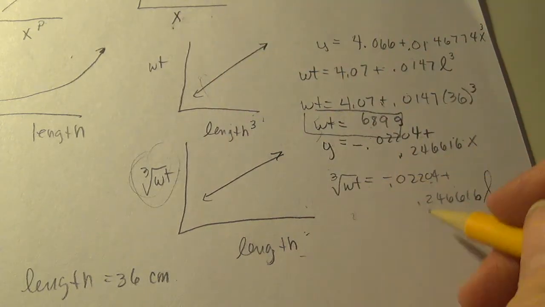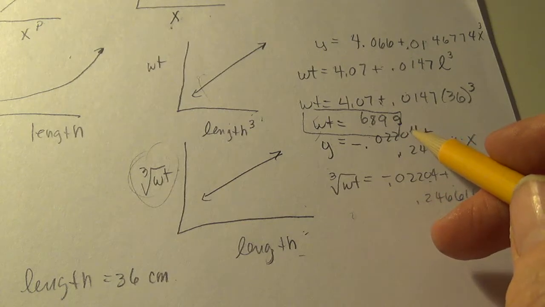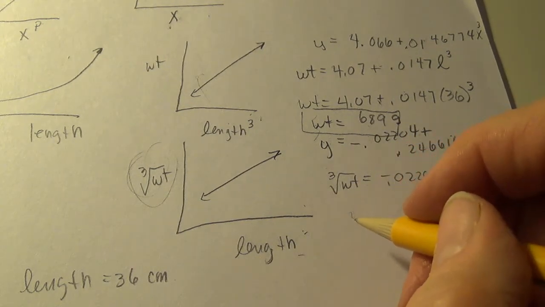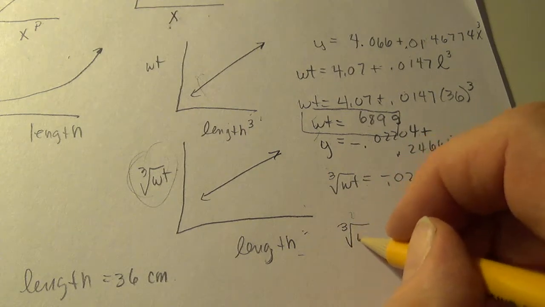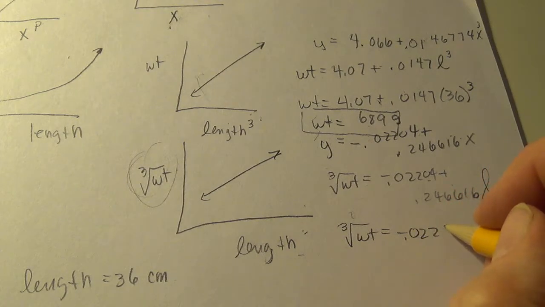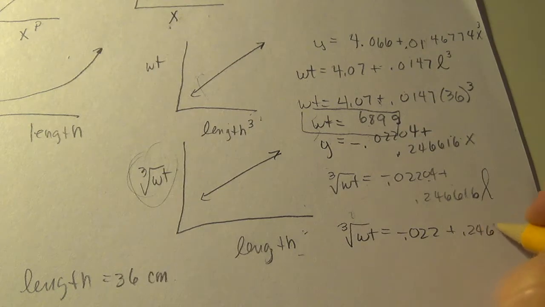And now I'm going to try the same example, the same length, 36 centimeters, to see what weight this model will yield. So on this one, I've got the cube root of the weight equals negative 0.022 plus 0.2467. I abbreviated them. And this time I'm putting in the 36 here.